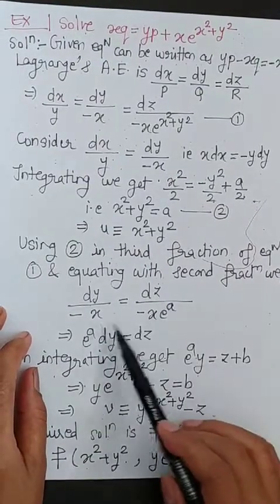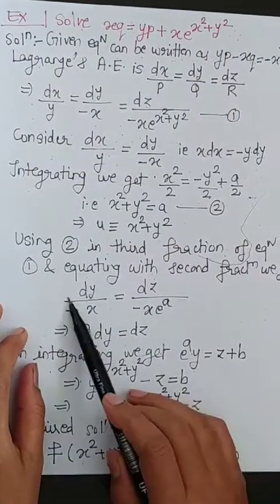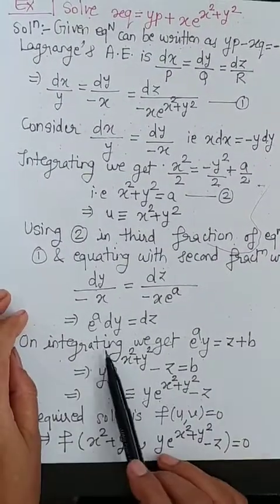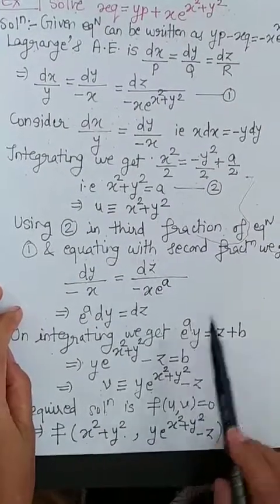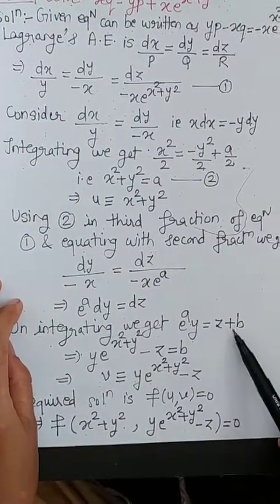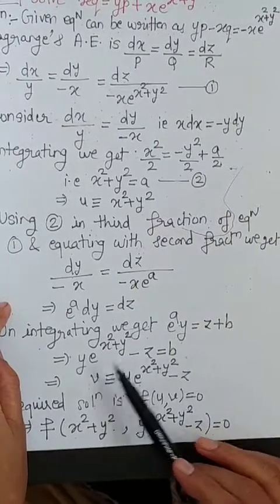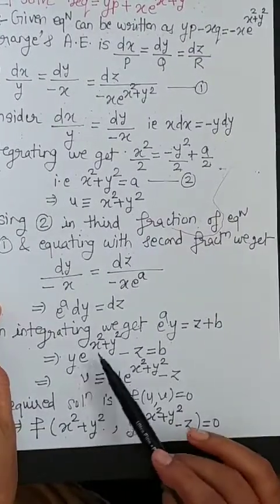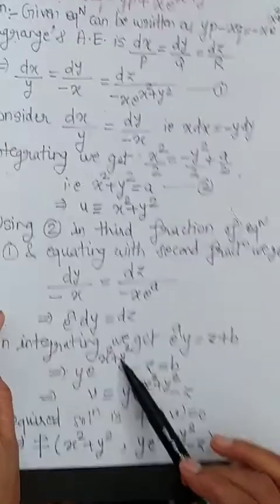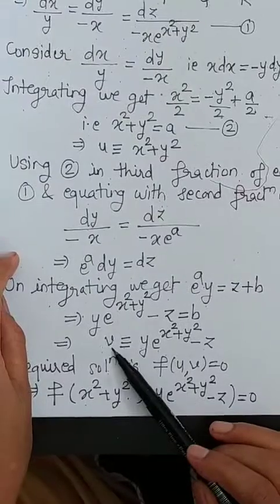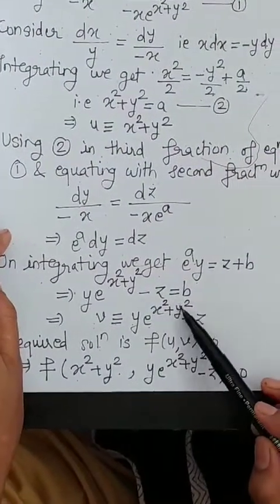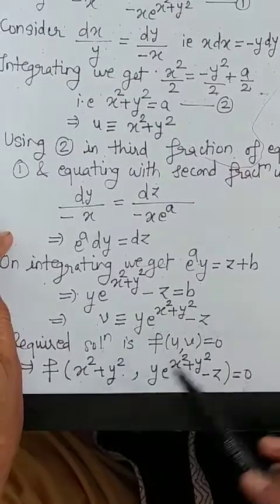This is constant, x gets cancelled, take this on left hand side, so e raised to power a dy equal to dz. Integrating, we get e raised to power a constant, integration of 1 is y, equal to integration of 1 is z, plus b. Shift all variable terms, then after integration you have to replace back the value, that is x square plus y square. So v is y into e raised to power x square plus y square minus z.